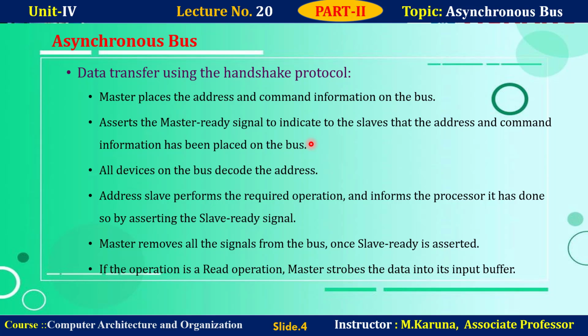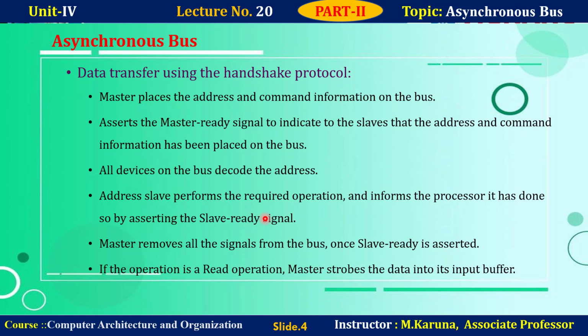This causes all devices on the bus to decode the address. Now the selected slave performs the required operation and activates the slave ready line to inform the processor it has done. In case of read operation, the processor stores the data into its input buffer.